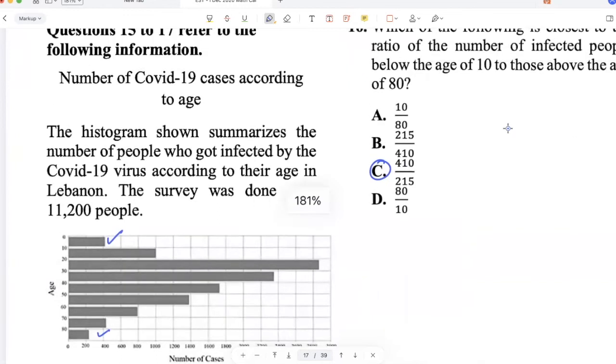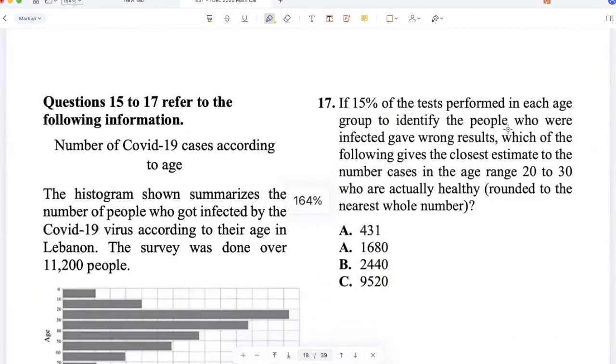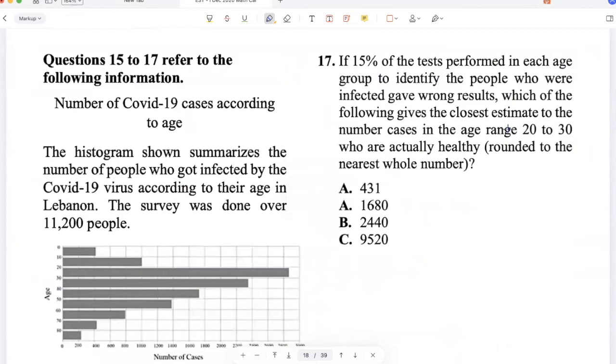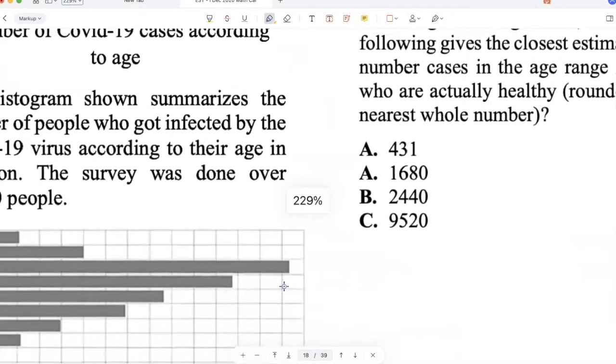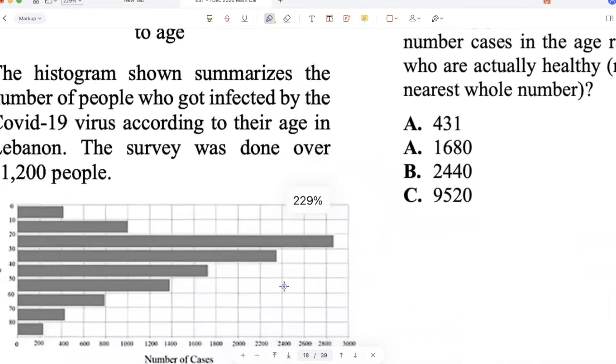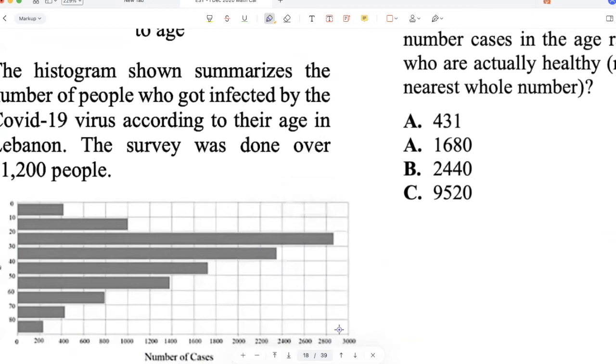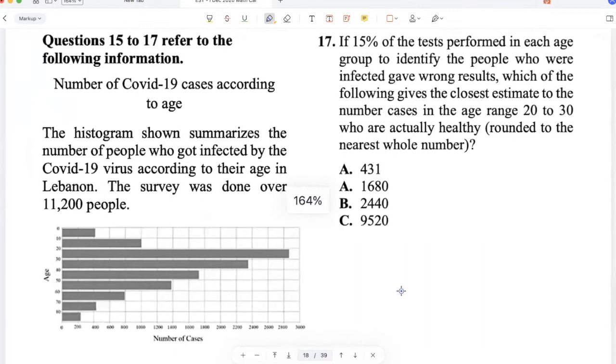Okay, what about the next one? If 15% of the tests performed in each age group to identify the people who were infected gave wrong results, which of the following gives the closest estimate of the number of cases in the age range 20 to 30 who are actually healthy? Okay, so 20 to 30, how many people were given the test? About 2,850, let's say, right?